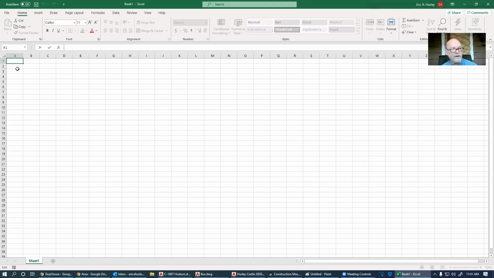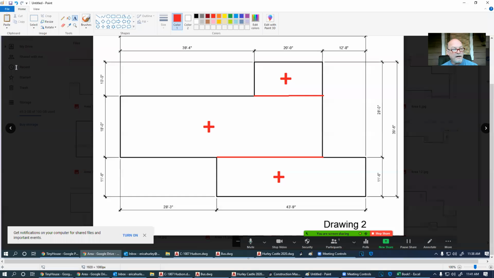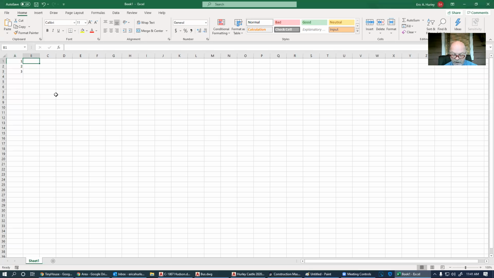If you know how to do Excel, just go up here and say 1, 2, and 3. Over here we've got 20 by 10. So I can start off and say equals 20 times 10.